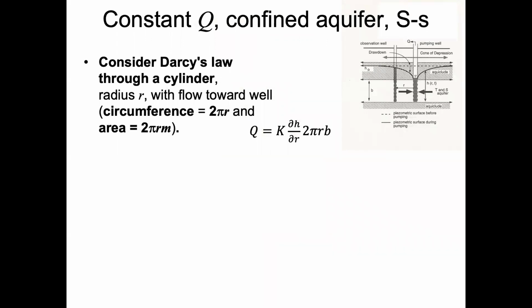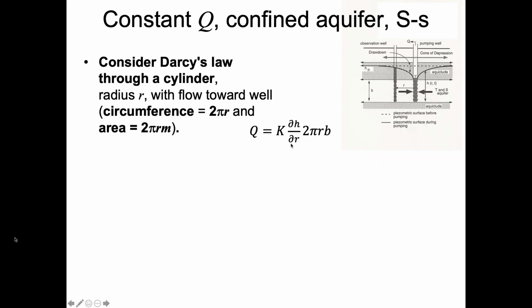So the way that this works is that we can consider Darcy's law through a cylinder. Now I'm going to show you a number of equations right now, just to demonstrate how this equation was derived, but I'm not expecting you to be able to derive the equation itself. So remember, when we think about Darcy's law, we always had a large flux here, our discharge here, Q. We had our hydraulic conductivity.